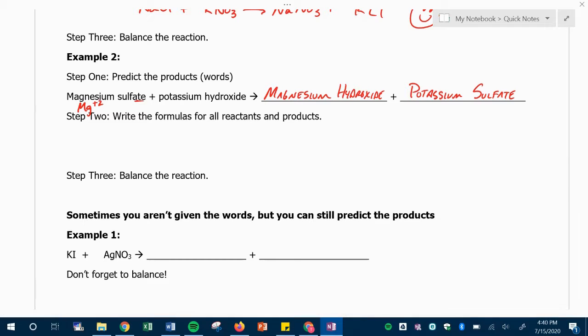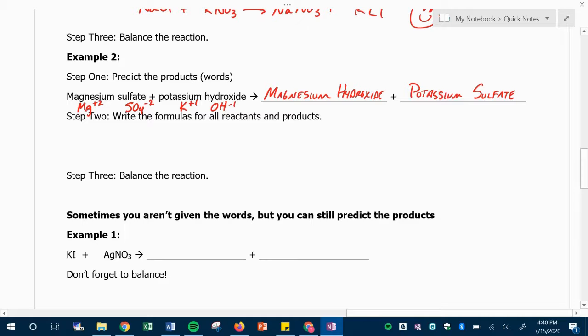Although I'm going to end up eating my words in a second. Sulfate is SO4 minus 2. Then potassium is K plus 1. And hydroxide, this is where I'm going to eat my words, because hydroxide is one of our polyatomic ions. It's OH, and it's got a -1 charge.